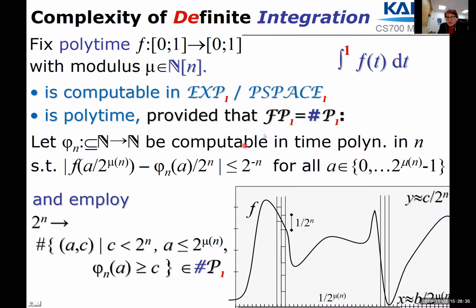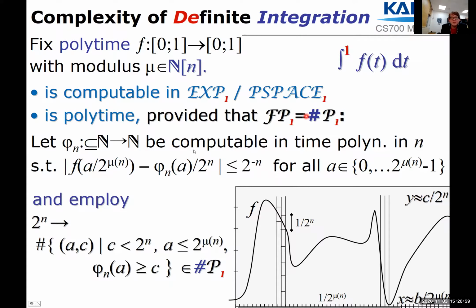Namely now, the strengthening says that this definite Riemann integral is actually computable in sharp P1. And again, let me emphasize that this is only terminology. There's no such thing as a sharp P1 algorithm. It means if sharp P1 is equal to FP1, then this is a polynomial time algorithm.